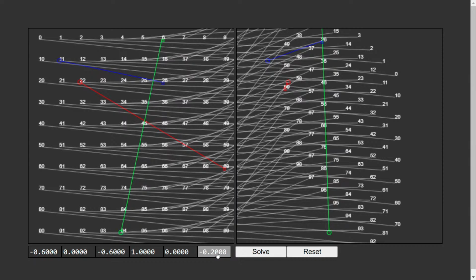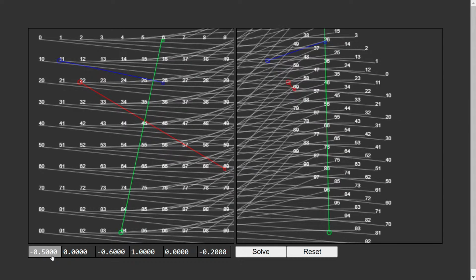It seems like there should be, if you want to fix one point, pairs of actions that let you move these guys, for instance, while keeping the red one fixed.